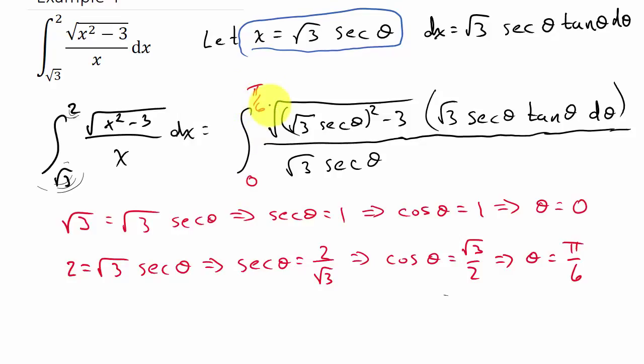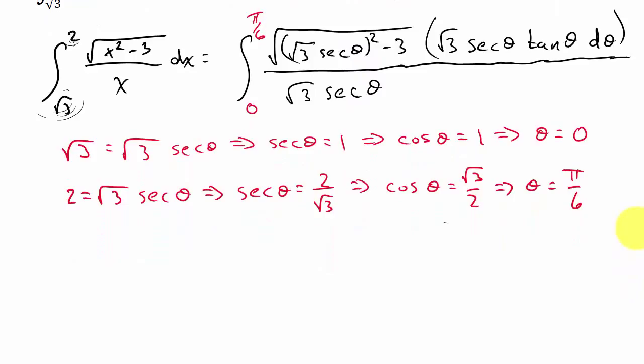Like I said, you don't have to do this. You can simplify this, integrate it, and then do like we did in the previous 3 videos, and put everything back in terms of x, and then you can use these limits. But I think it's just easier to convert the limits and leave everything as trig functions. So let's go ahead and write this down again.